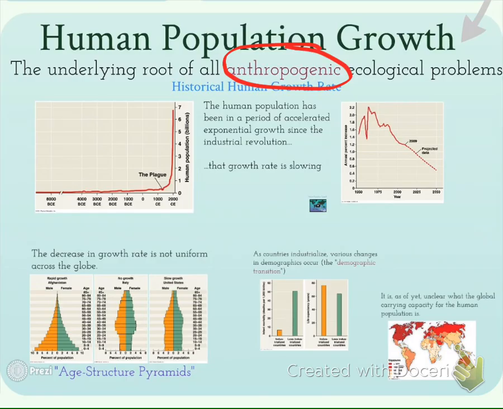It's the underlying root. Our growth is the underlying cause of all of the ecological problems that we know about. All of the plastics in the oceans, excess carbon dioxide in the atmosphere, even, let's just say, like Chernobyl. You guys know what Chernobyl is? Yeah, the nuclear reactor in the 1980s in the Ukraine. So our factors are all of this.